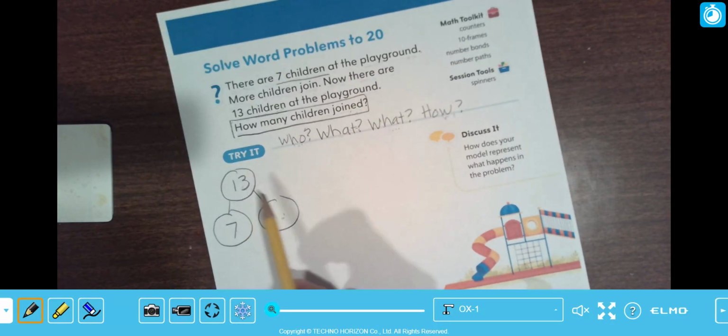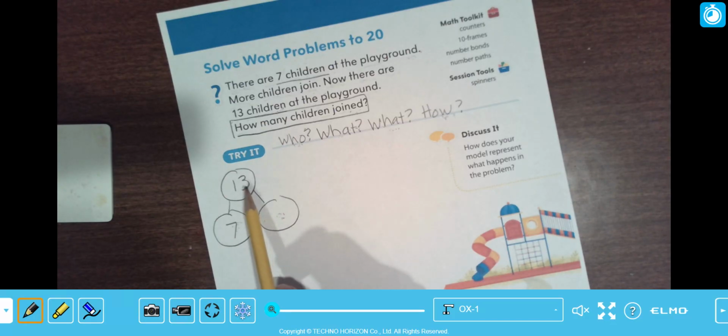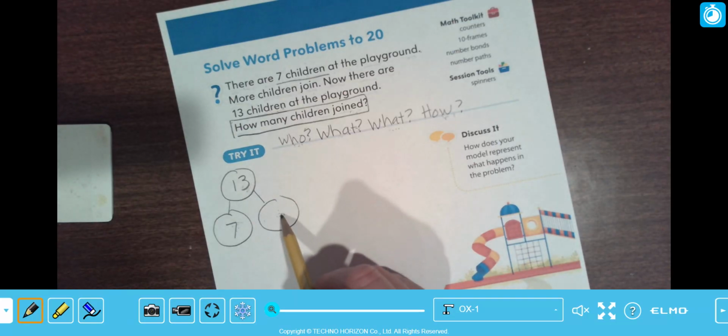So, lovies, when you're trying to find out one of the parts, if you have 13 altogether, is this part going to be bigger or smaller than 13? Yeah, that part is going to be smaller.